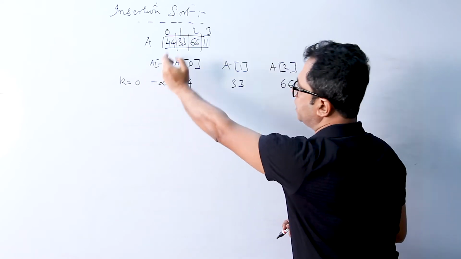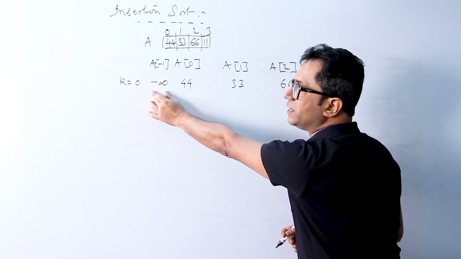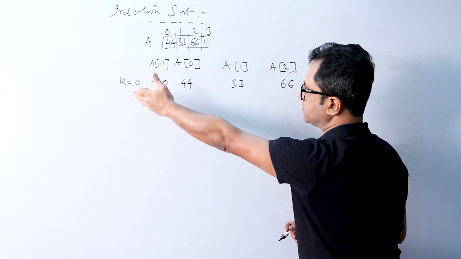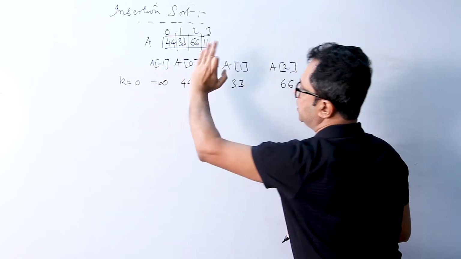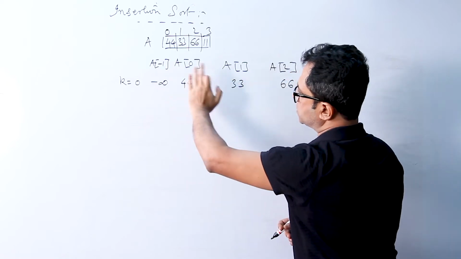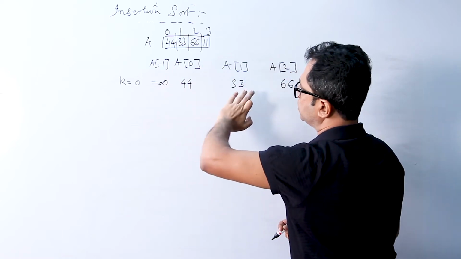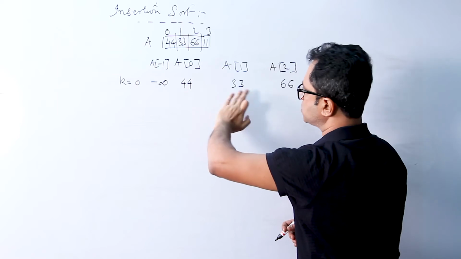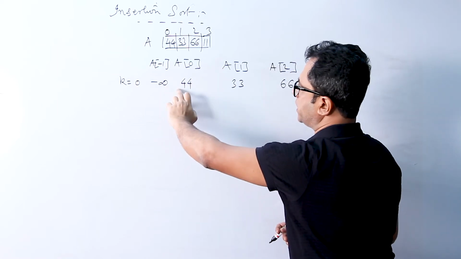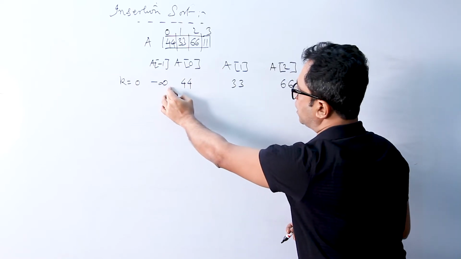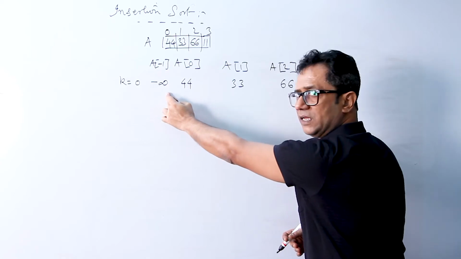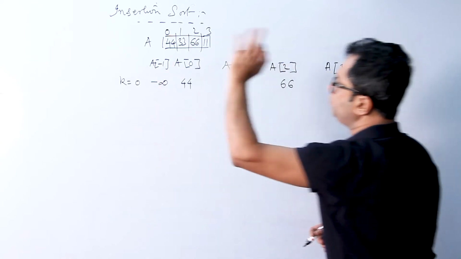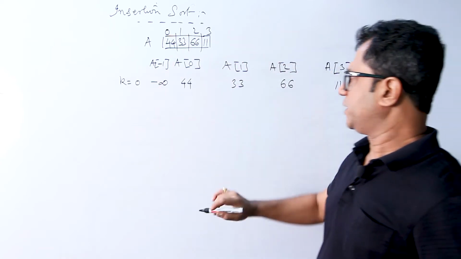So we have taken this -infinity as a delimiter, or a sentinel, which limits the repositioning of the elements on the left hand side, so that there is no crossover after -infinity is encountered. So I have taken this -infinity over here.